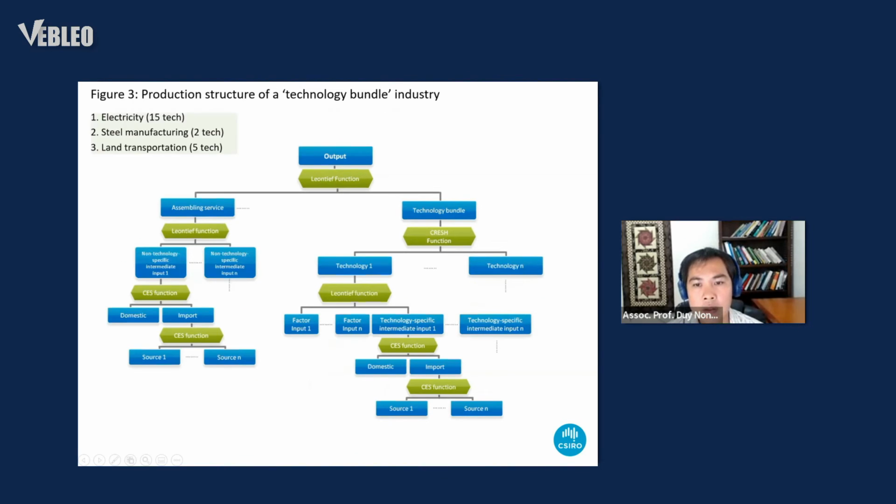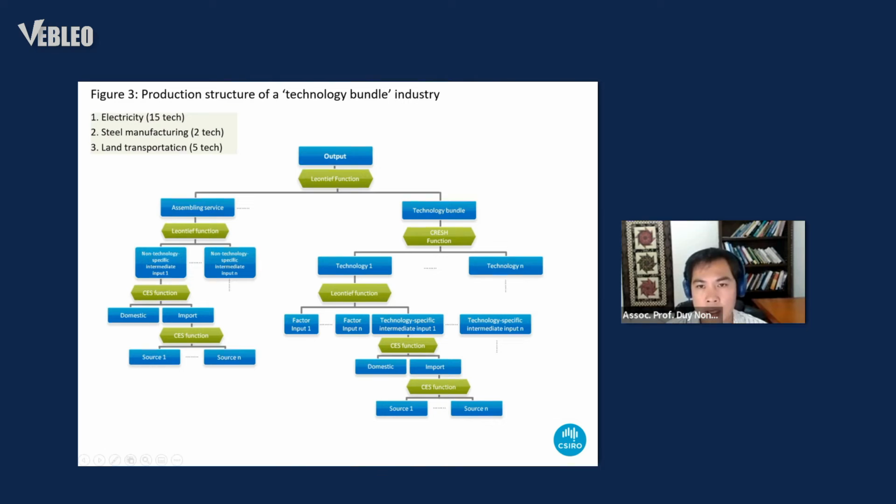And for the technology bundle industry, the structure is a little bit different. In the model, we have three different technology bundle industries. We call the first one electricity. It has 15 technologies, from fossil fuel power stations to renewable power stations and also nuclear power.